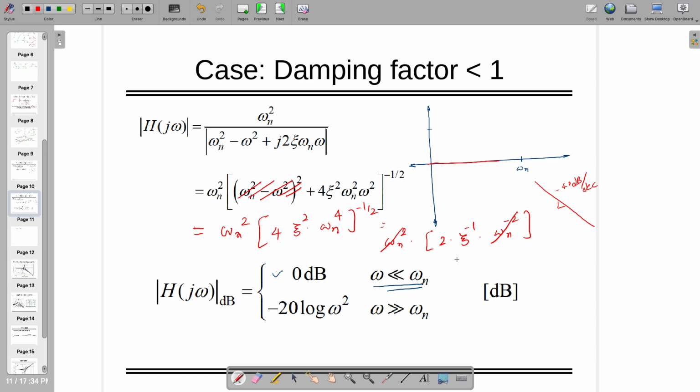This is gone, this is gone, so it is equal to 1 by 2 zeta, right? So now this thing is giving you some interesting result.